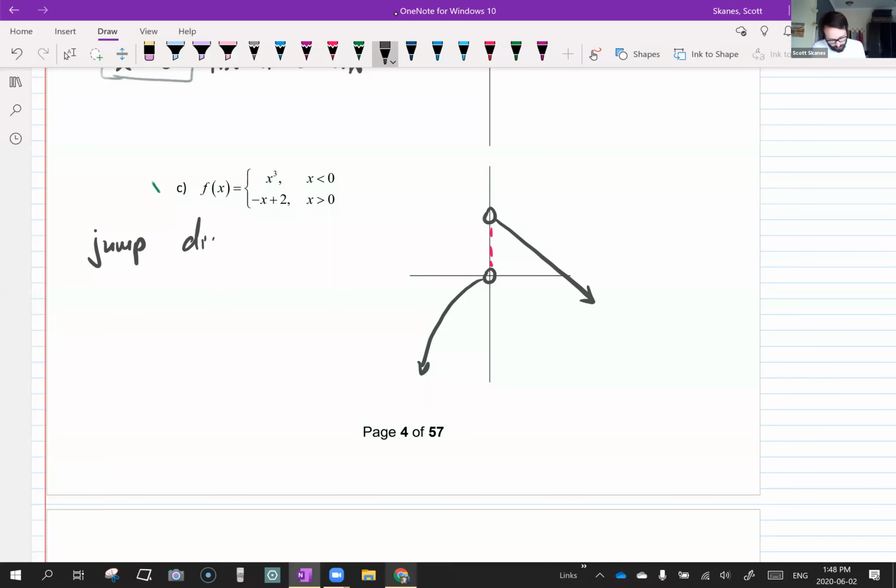So it's a jump discontinuity. And this is just basic concepts, and by basic, I mean the fundamental concepts that we're going to be talking about later. By looking at this graph, which value is not in the domain? Which is not an x value that we're allowed to have?